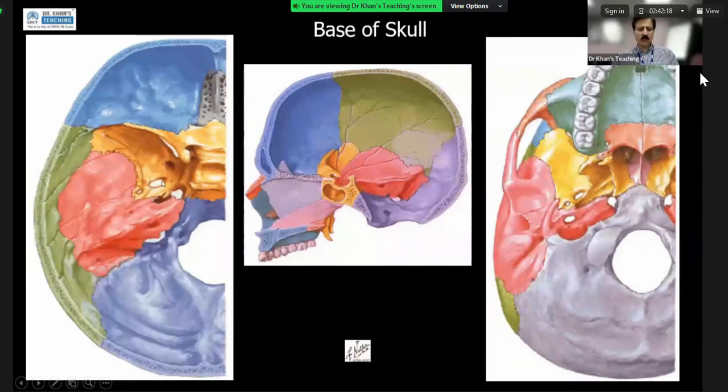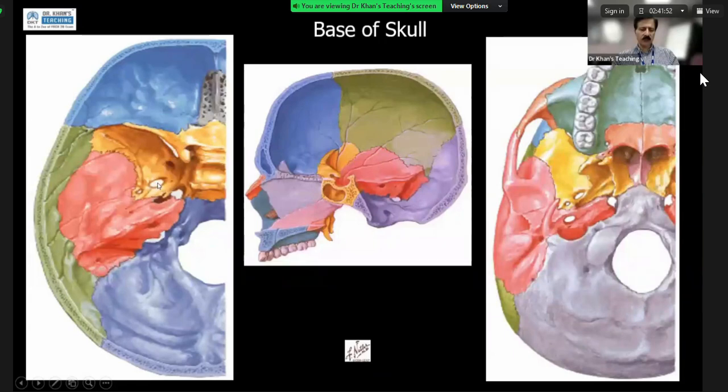Now, this is the greater wing of sphenoid, and you can see a few foramina. This foramen is extremely important. This is the foramen ovale, and here is V3, which is the mandibular division of the trigeminal nerve.